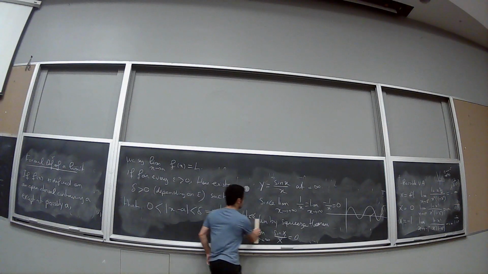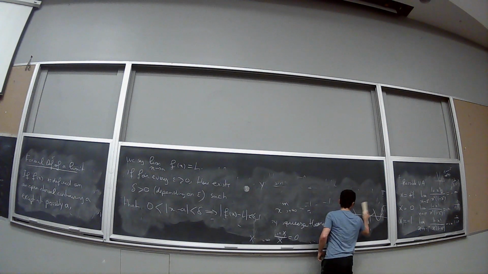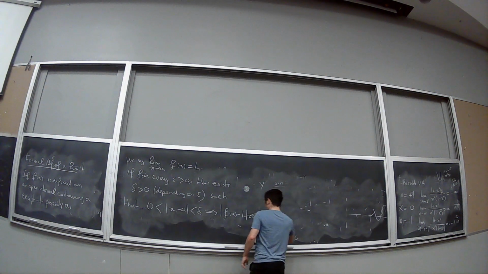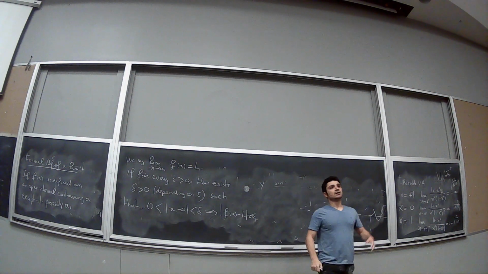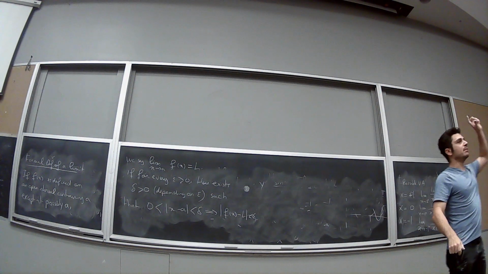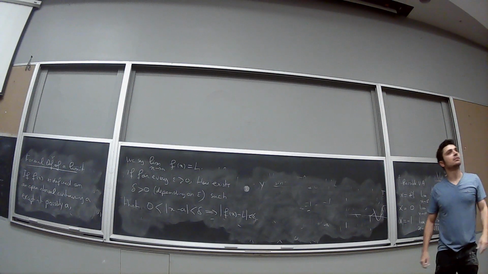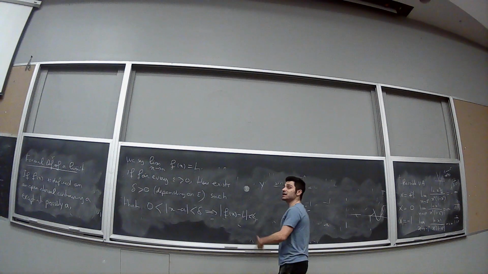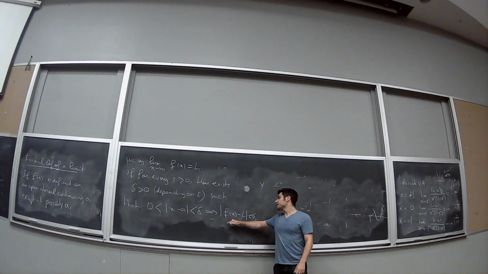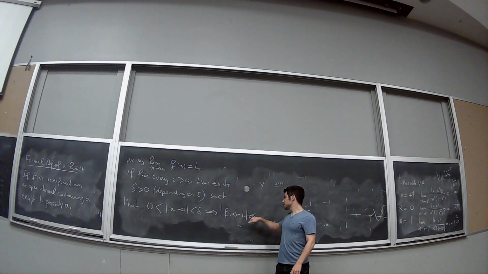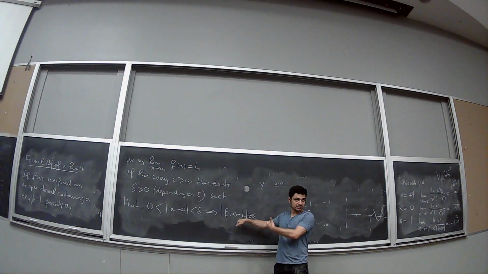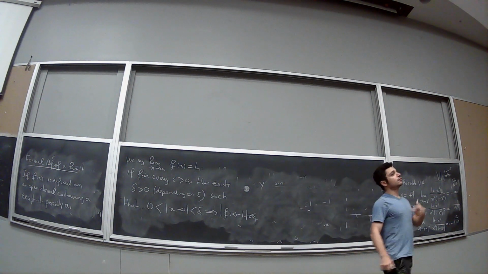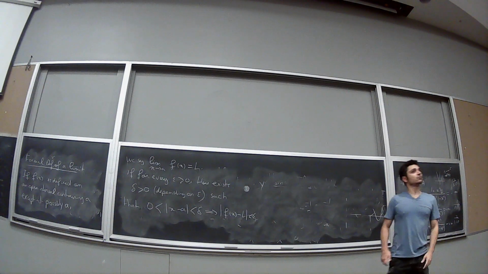What does this mean? So far it means nothing maybe, but let us try to make sense of this definition. It says that f of x can be made arbitrarily close to L. What does this mean? If I give you an epsilon, let's say 10 to the minus 2, I can make f of x 10 to the minus 2 units away from L. This is what this means, by making x sufficiently close to a but not equal to a.